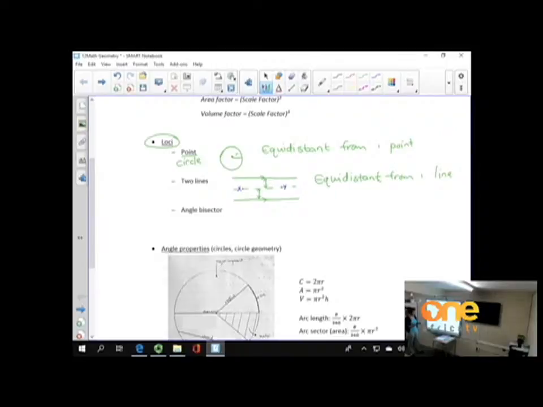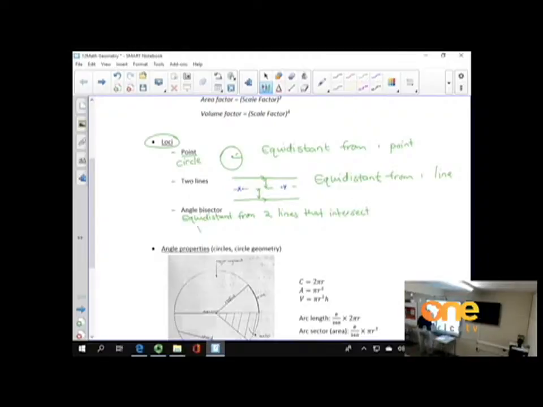Then we will look at the angle bisector. This is usually equidistant from two lines that intersect.